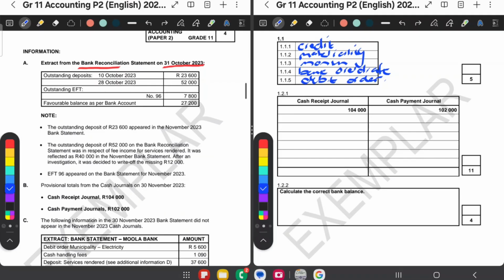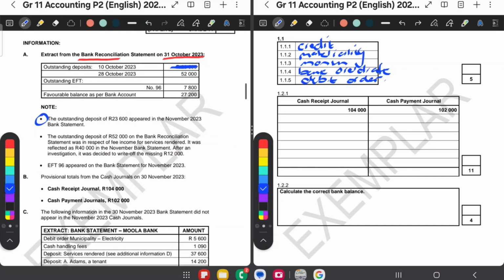It says the outstanding deposit of 23,600, it's this deposit over there, appeared in the November bank statement. Okay, that's a good thing. So this was October, so it should appear in the bank statement for November. So with this information, we're going to do nothing. That's good. It appeared, so we can cancel that.